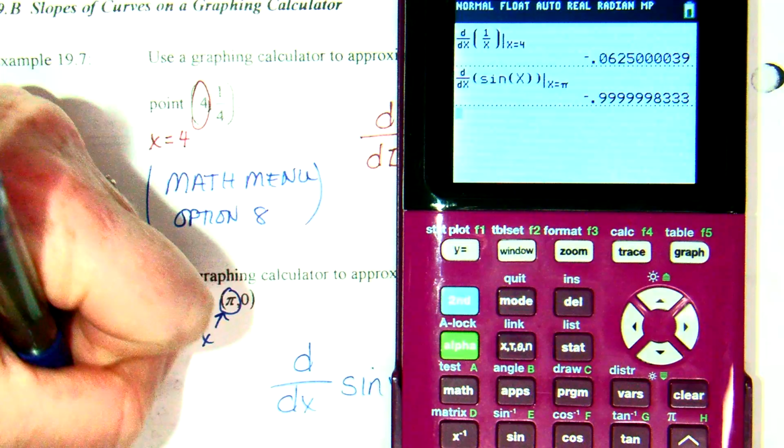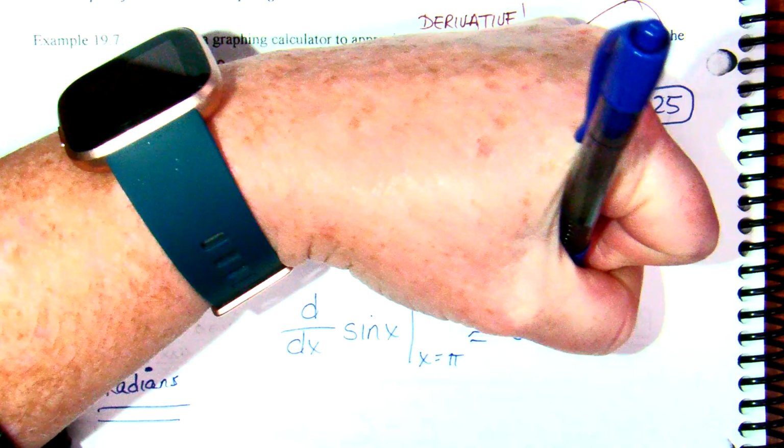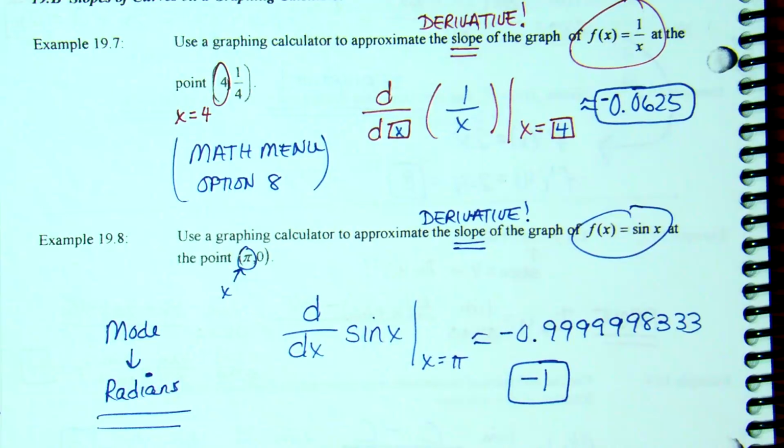Okay, so the correct calculator answer is negative 0.999998333. What is that approximately? Negative 1. Yes, so do watch: the mode only matters if you're working with trig functions and radian values.